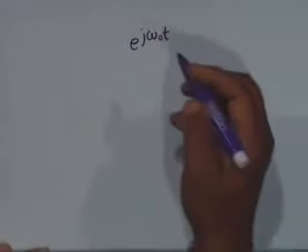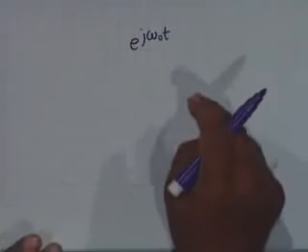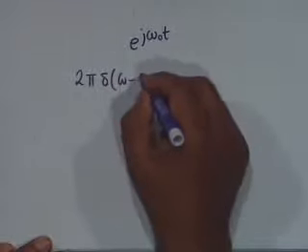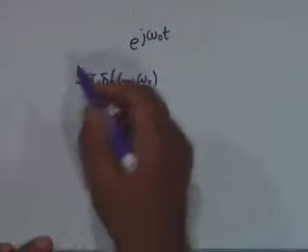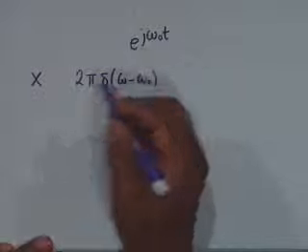Now for doing this, one can also go directly, but one requires a little bit deeper knowledge of mathematics to derive the Fourier transform of this. What we do is, we consider a function 2 pi delta of omega minus omega 0, let's call it x1 of omega.